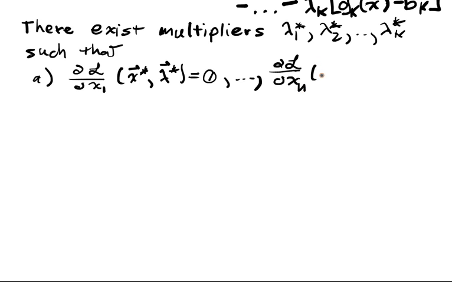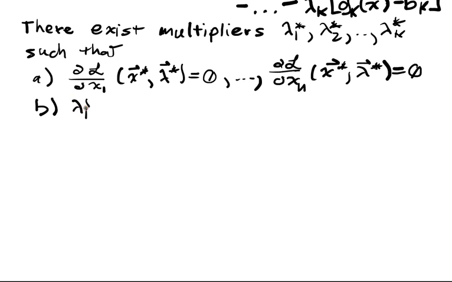So all the way up to dxn of the Lagrangian, those all vanish.